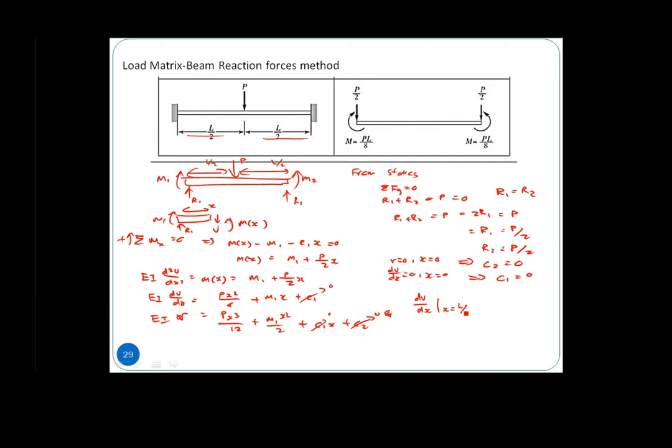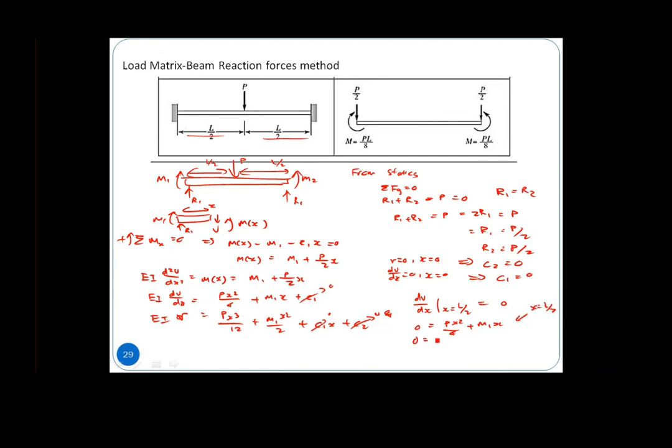I mean, the slope at x equals L over 2, half of it, is 0 because it's at the maximum. Then we have 0 equals P x squared over 4 plus M1 x. You have to substitute x equal to L over 2.